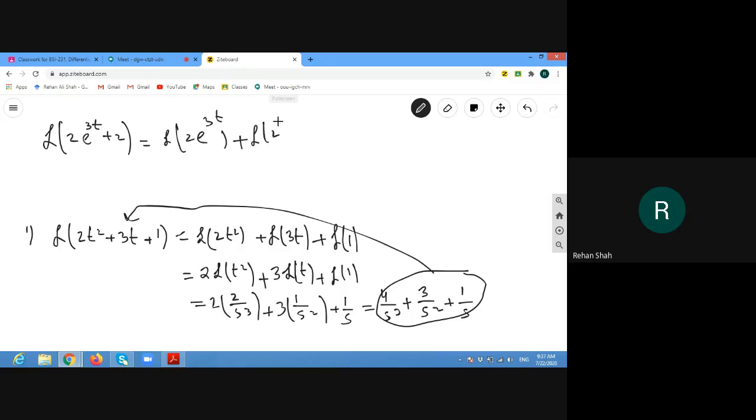You can take common this 2, and Laplace of e power 3t will be 1 over s minus 3. What is the Laplace of 2? That is 2 by s. So this is actually the Laplace transform of this function. Is it clear? Yes, sir. Okay.